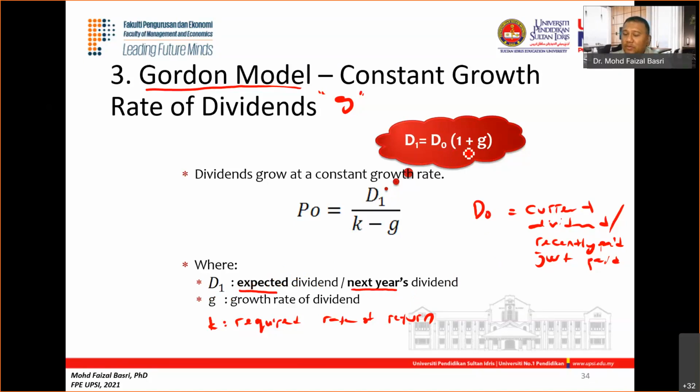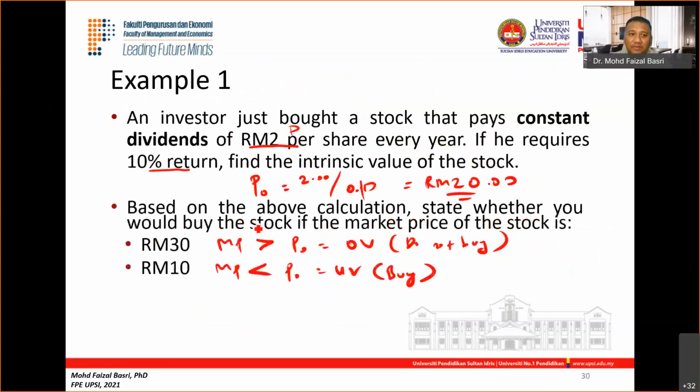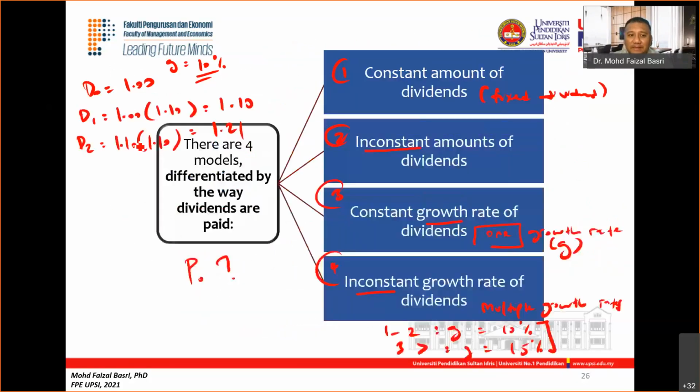You don't multiply with 1 plus G anymore, because if you use D1 and then multiply by 1 plus G, as in the earlier example, technically you are actually finding D2.